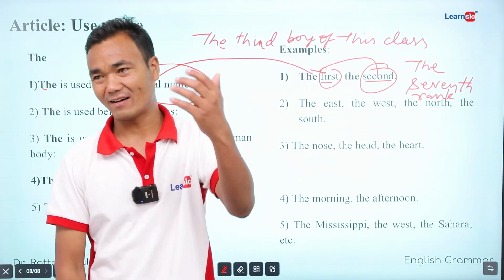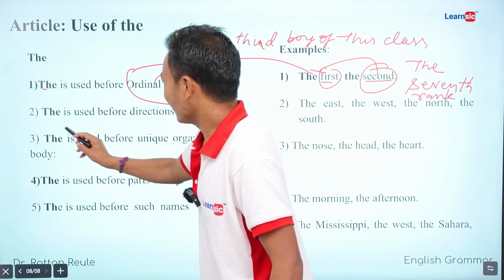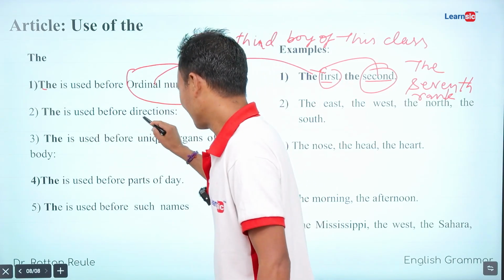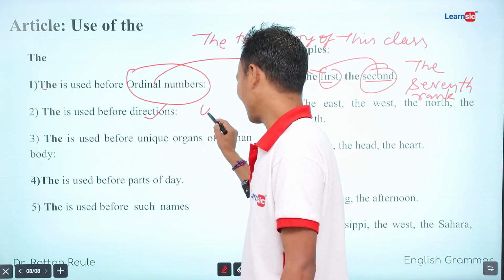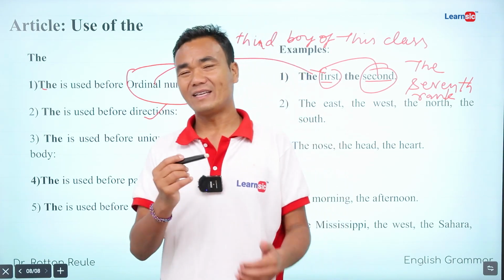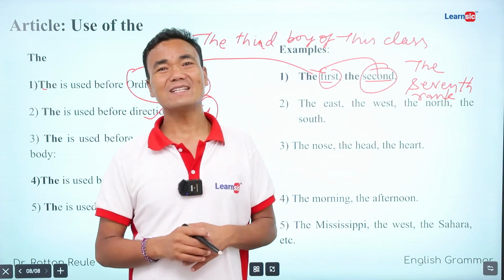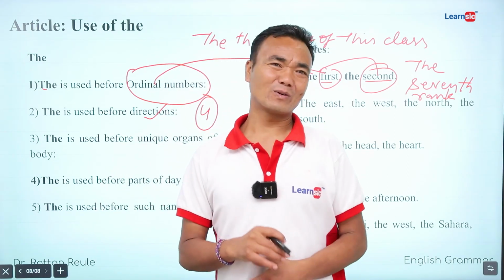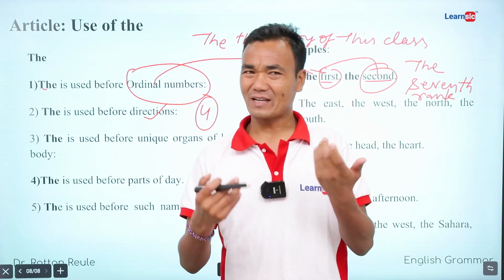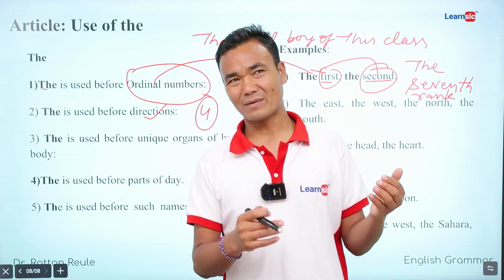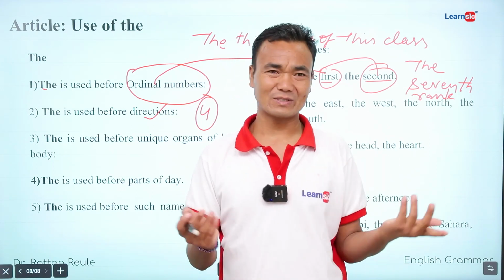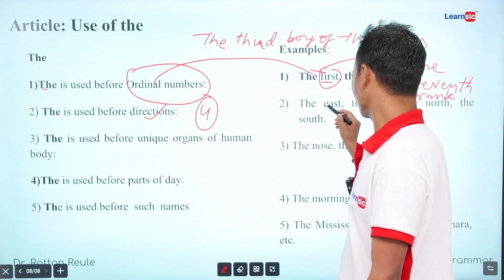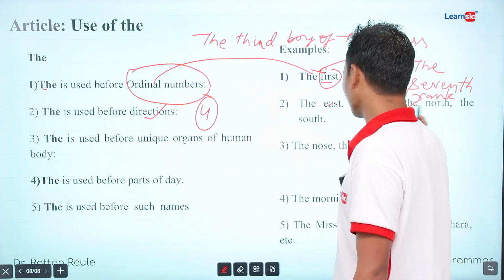The is used before directions. We all know there are four main directions: east, west, north, and south. And we can also use the article before seasons, though sometimes we leave it out: the summer, the monsoon, the winter. I have written here the east, the west, the north, the south.